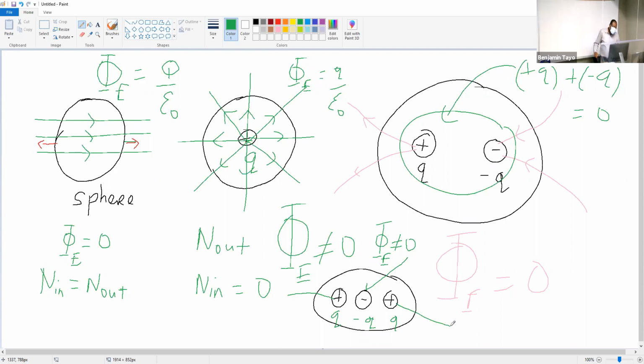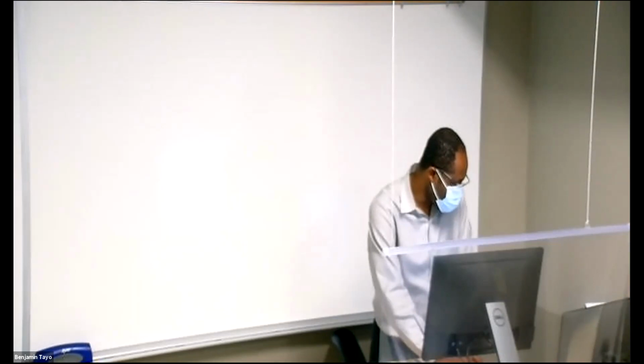Okay, so with these, I want to go back to the PowerPoint to show you how we can apply this to calculate some electric fields. So let me stop this sharing, and then I want to go to my PowerPoint here.